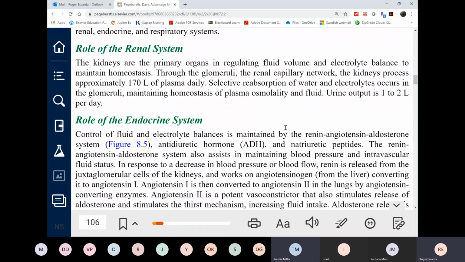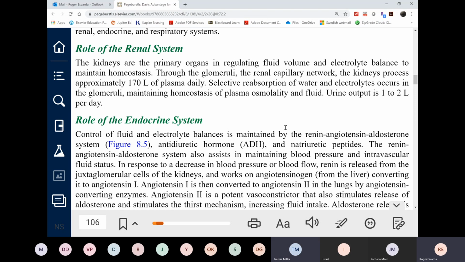The kidneys are responsible for regulating fluid and electrolyte balances. Of course, they're controlled by your hypothalamus as well as the pituitary gland, which also controls the endocrine glands, which include your adrenal glands sitting on top of the kidney.